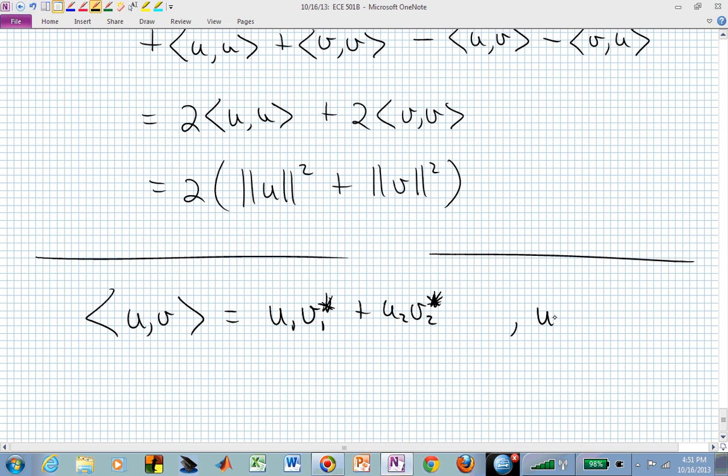Meaning now I'm saying that u was some u1, u2, and v was some v1, v2. That's equal to the dot product if u1 and v1 are real, if those coordinates are coming from the real numbers.